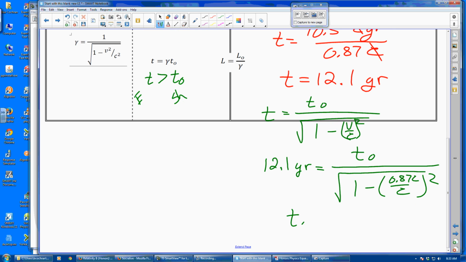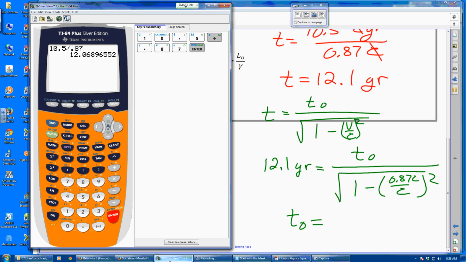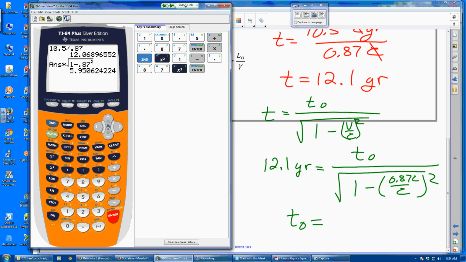And I get the time that passes on the ship: that times the square root of 1 minus 0.87 squared. And on the ship, only 5.95 years pass.